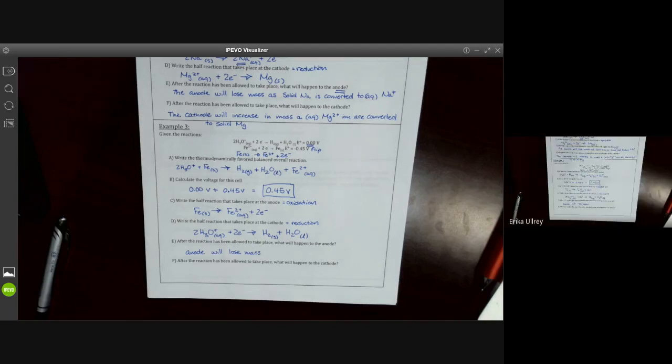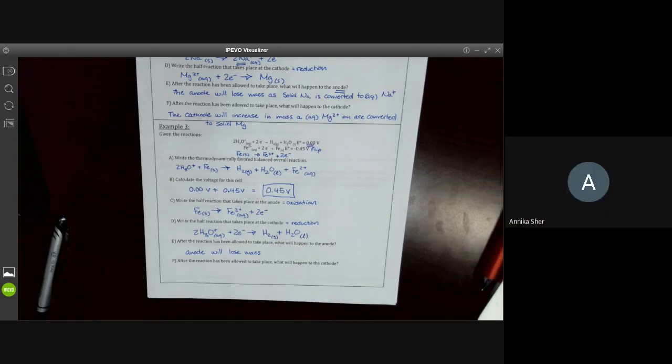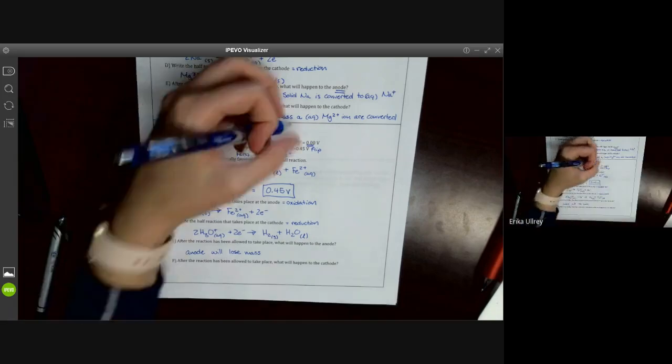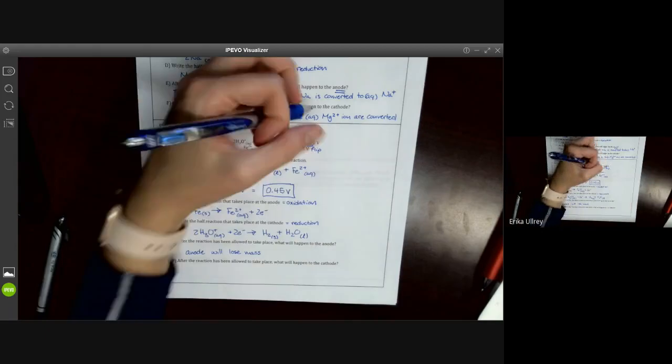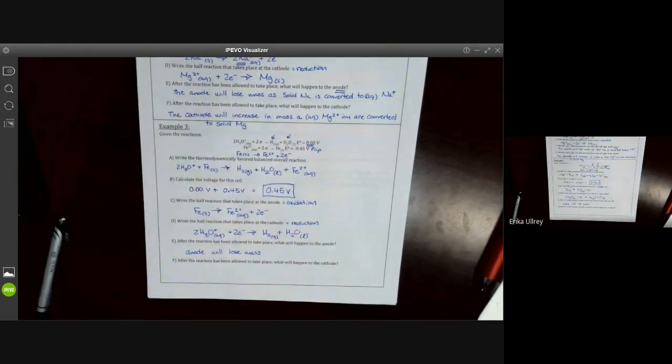So what do we think is going to happen there? It's going to lose mass from the gas that's going to be given off, absolutely. And then what about the liquid water that we're making here? What do you think is going to happen to the volume of the liquid inside the container? The volume will increase. Yep, so we're going to get a slight increase in the volume of water in that container.